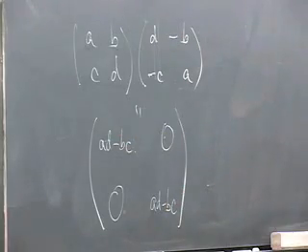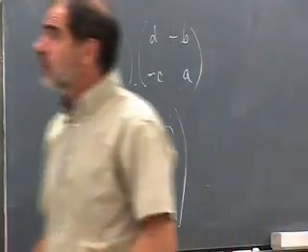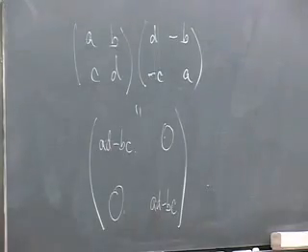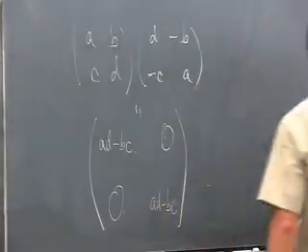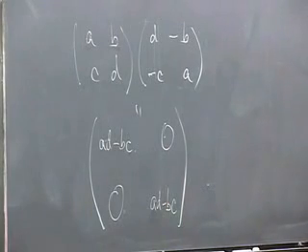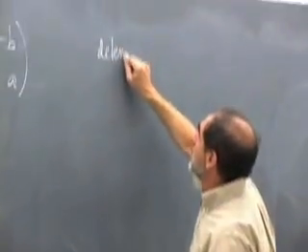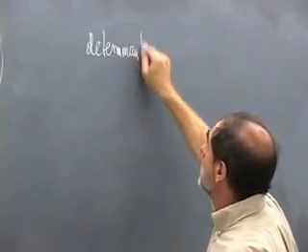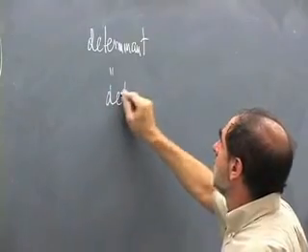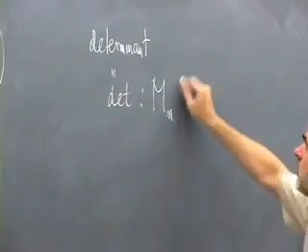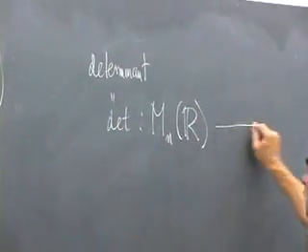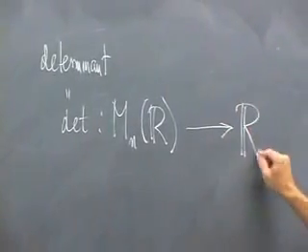Okay? Now, in general, the answer to the question of whether a matrix is invertible or not is the following. There's a certain function from the set of n by n matrices to the real numbers called the determinant, which I'll write just det, which maps n by n matrices over the reals to the real numbers.